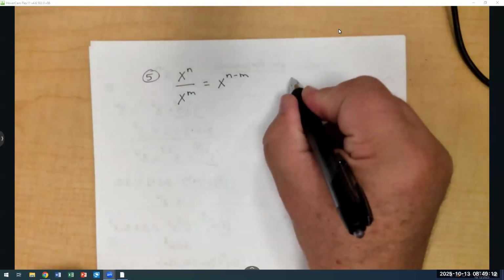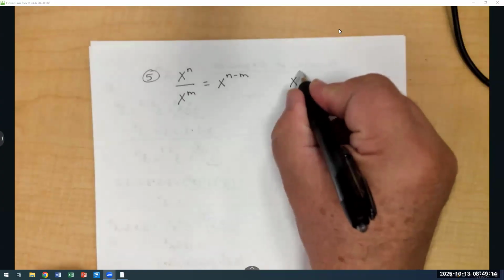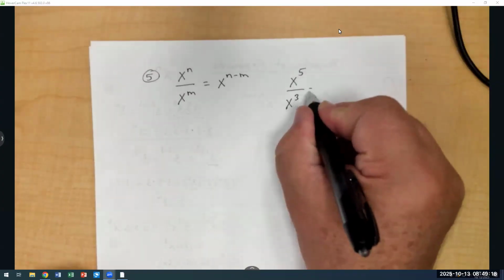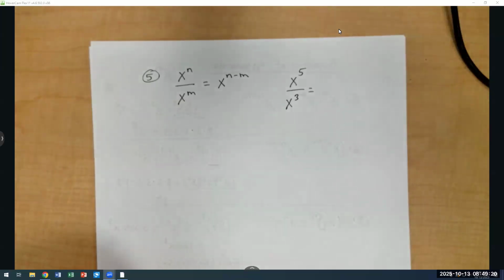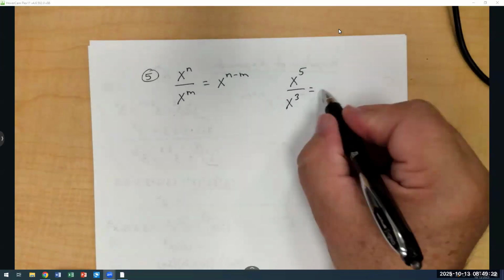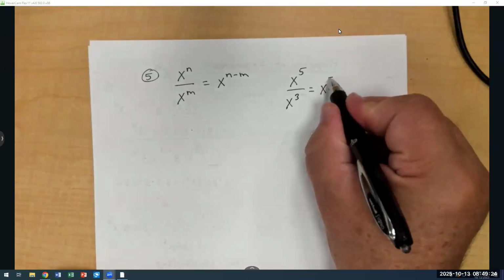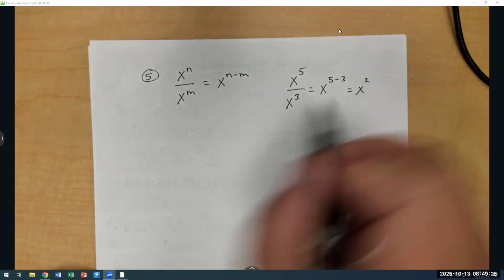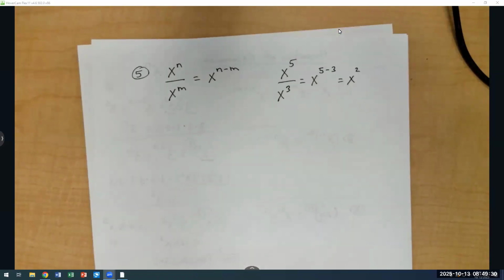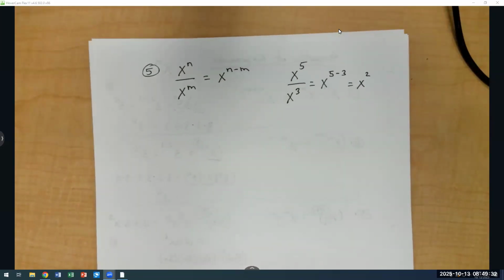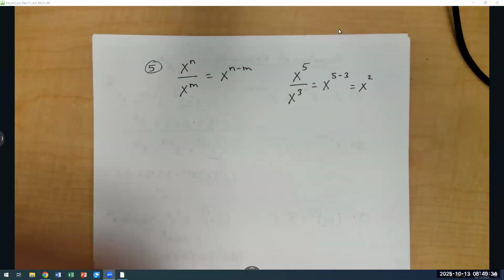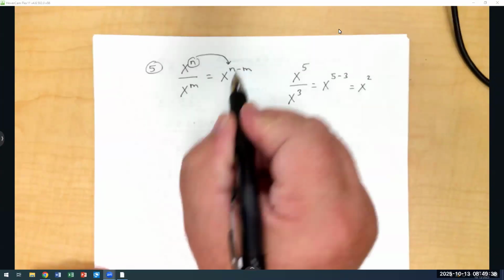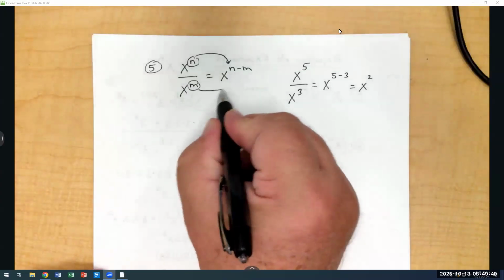So if I had x to the fifth power over x to the third, take the powers, 5 minus 3 is x squared. Notice, it's the top number first and the bottom number second.